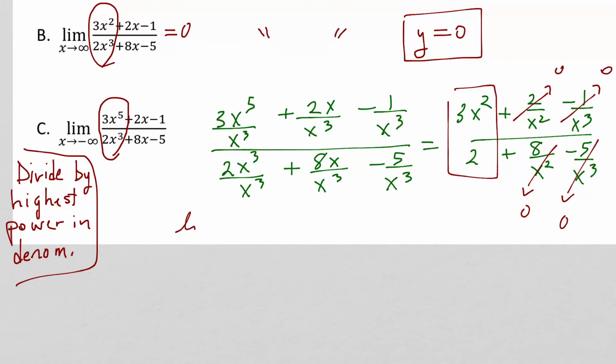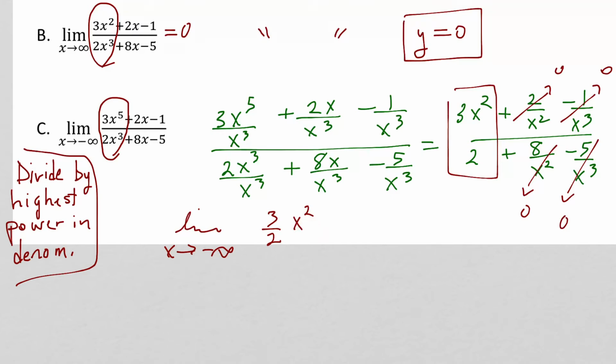So we can simplify this as the limit as x approaches negative infinity of 3/2 x squared. If we think about what would happen to this x squared if we put negative infinity into it, conceptually a very large number squared, meaning it would be positive.